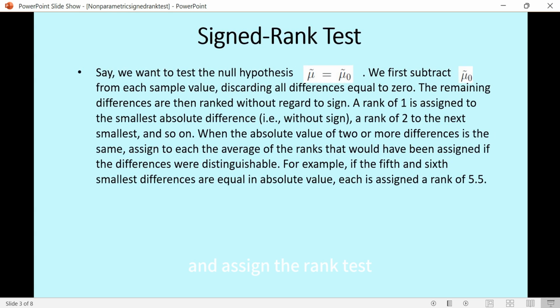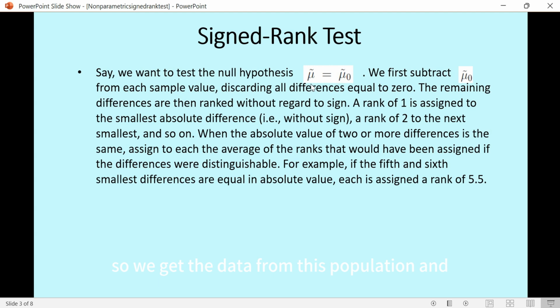The signed rank test gets information from both the sign and the rank of the data. For example, we want to test the null hypothesis that mu equals mu zero, where mu is the median of the population.